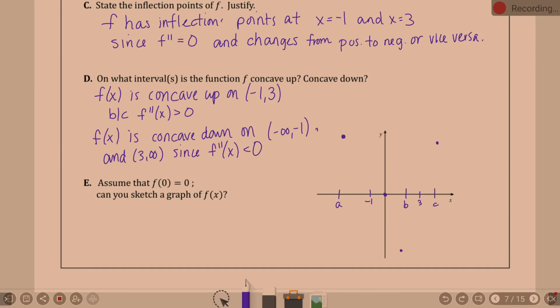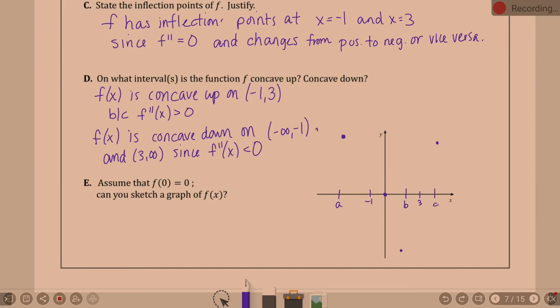Just knowing the mins and maxes, we can see the shape: we're going to go up, come down through here, come back up. Trying to get those inflection points to match up, well, I don't know. Is there anything else that we really need to know? We also know it's going to be concave up from -1 to 3, right? And I'm not saying that the inflection points are at that, it's just at those values. And it's concave down on those other pieces.